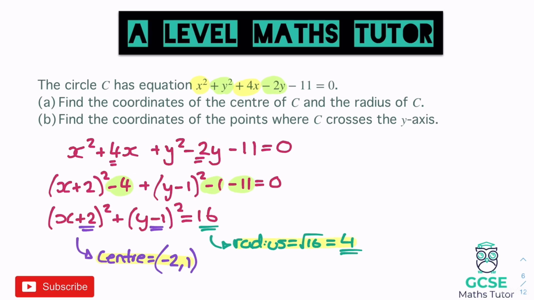Now again, we're just going to find those coordinates where it crosses over the y-axis, and to do that, we just know that x equals 0. So if we plug x equals 0 into our equation there, we'll see what we get. So let's pull this up, and we get 0 plus 2 in brackets squared to start with, so that's 2 squared, plus y minus 1 in brackets squared, and that equals 16.